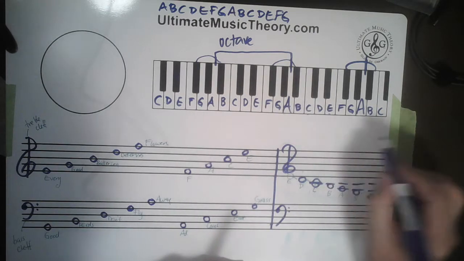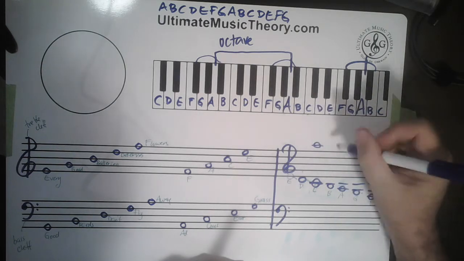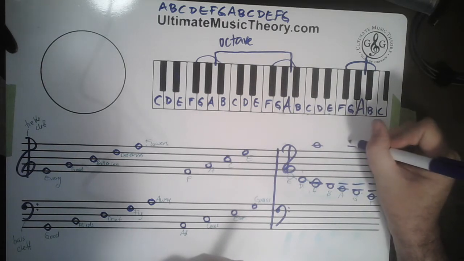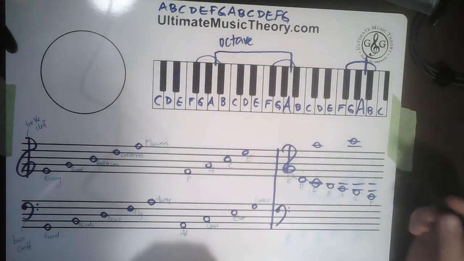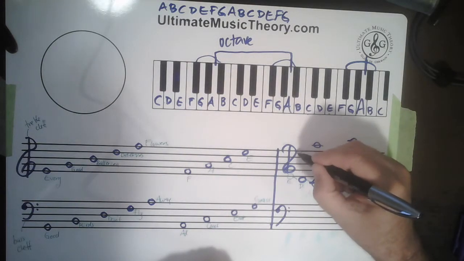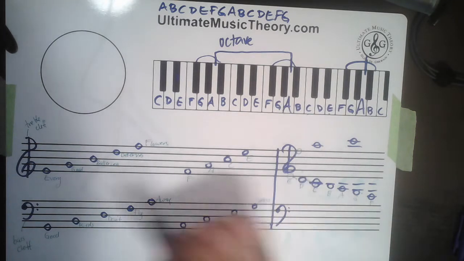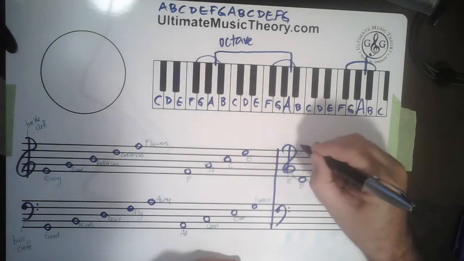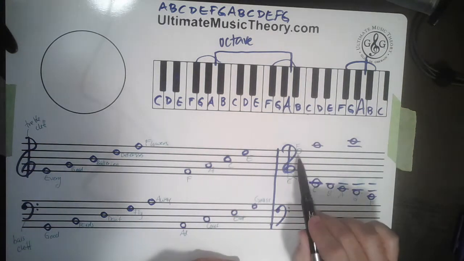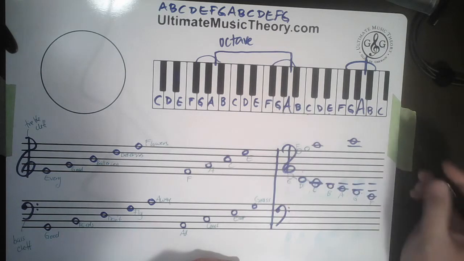We can also have ledger lines above, like this. And so how do we figure these ones out? Well, take a note that you know. This is the highest line. So every good ballerina deserves flowers. So we know that this is F. If that's F, we go from this line right on top to the space.